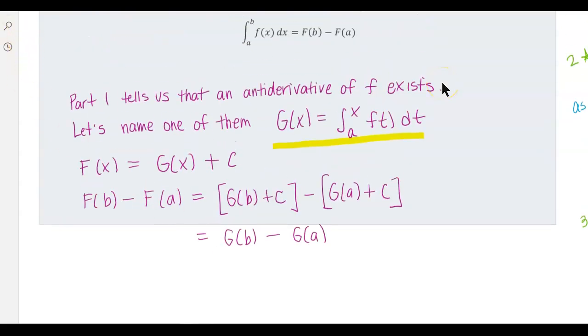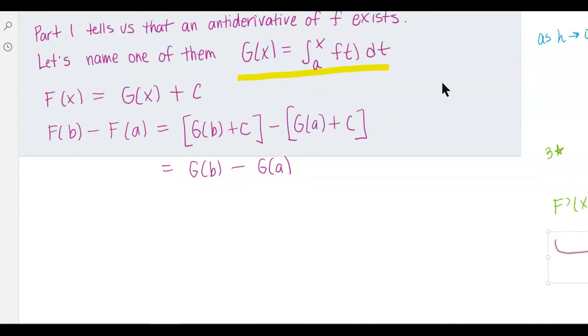A little bit more room there. Okay, so now translating to that definition, we're going to say, all right, I'm going from a to b of f of t dt minus the integral from a to a of f of t dt.